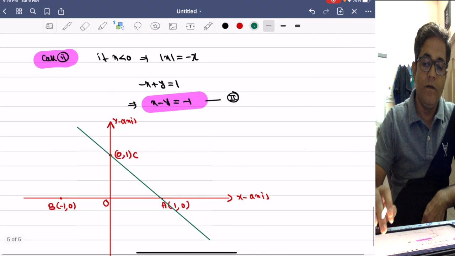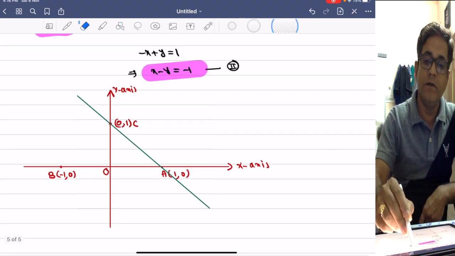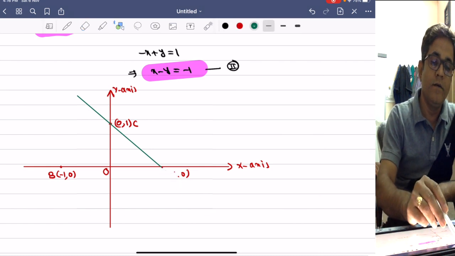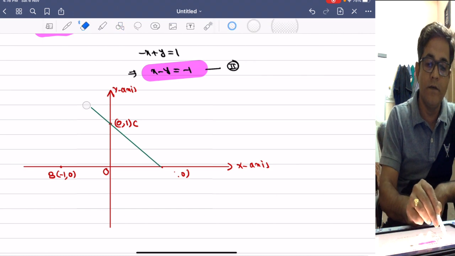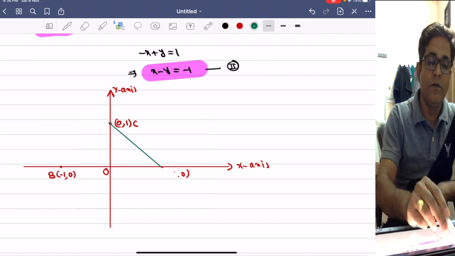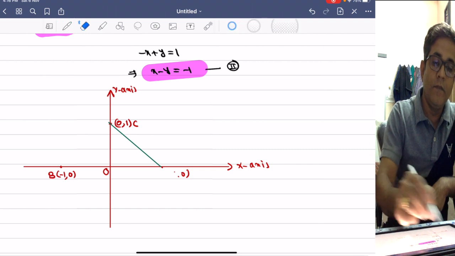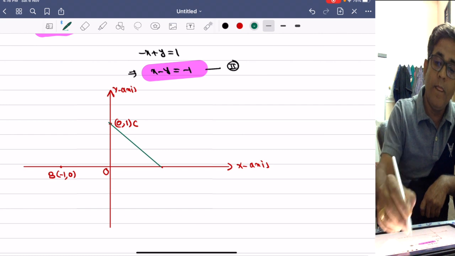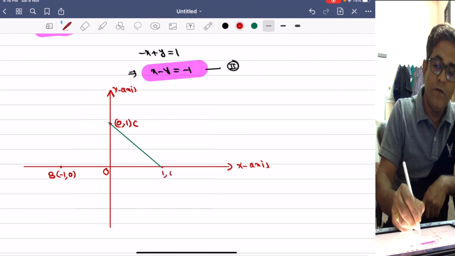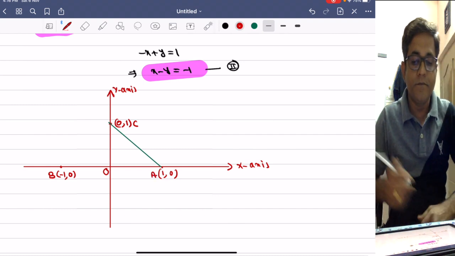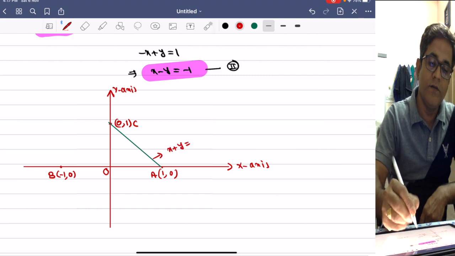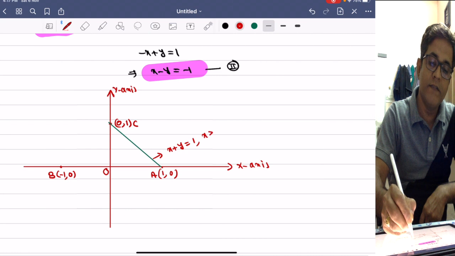So you remove this part below the x-axis and this part. This is A, 1 comma 0. So this line segment is x plus y is equal to 1 when x is greater than or equal to 0.